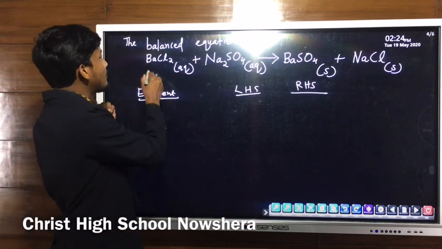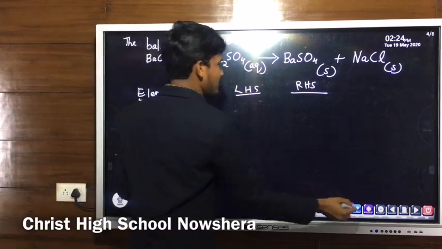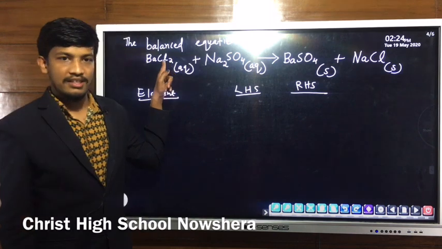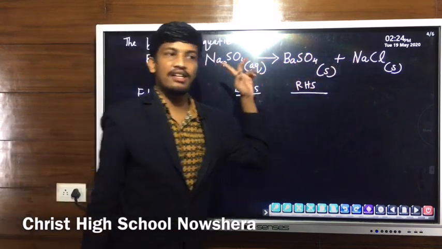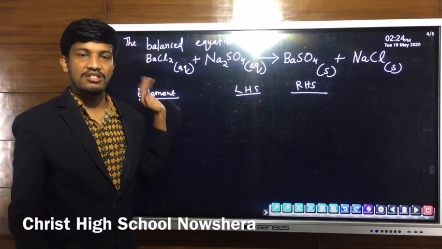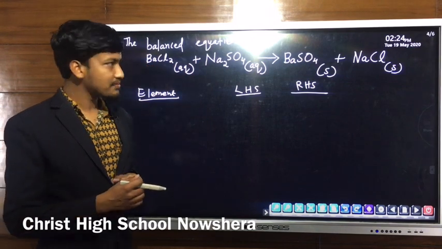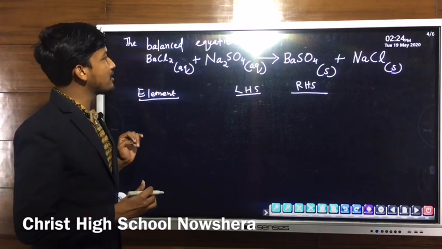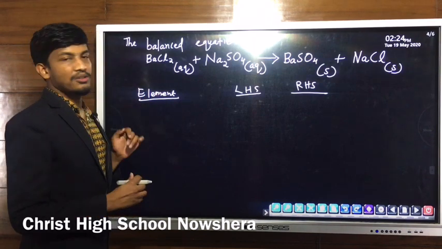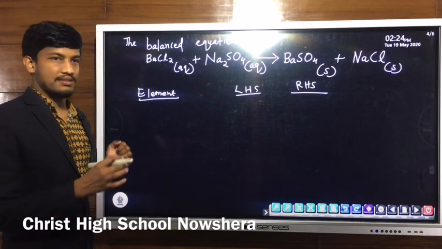So we have the unbalanced or skeletal equation, BaCl2 plus Na2SO4 gives BaSO4 plus NaCl. This is the unbalanced or skeletal equation. Now we have to balance it. We have learned how to balance the chemical equation. So first step, we will find out which are the different atoms involved.